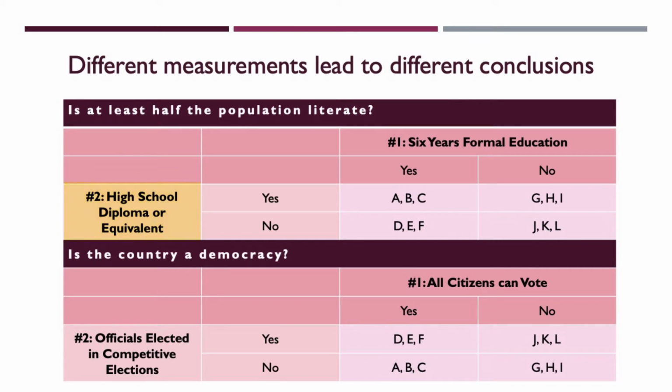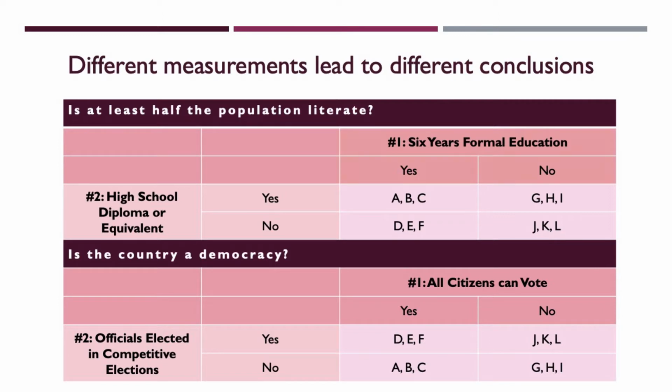So out of the 12 random countries that we sampled in our fake research paper here, we see that countries A, B, C, and G, H, I have at least 50% of the population obtaining high school diplomas. On the other hand, perhaps we've noticed that some studies measure literacy rates on a different set of criteria.